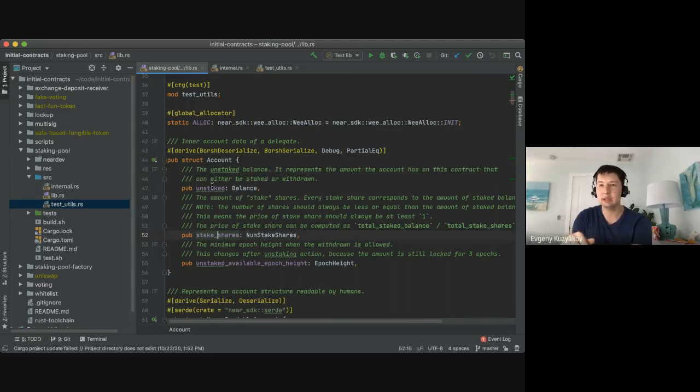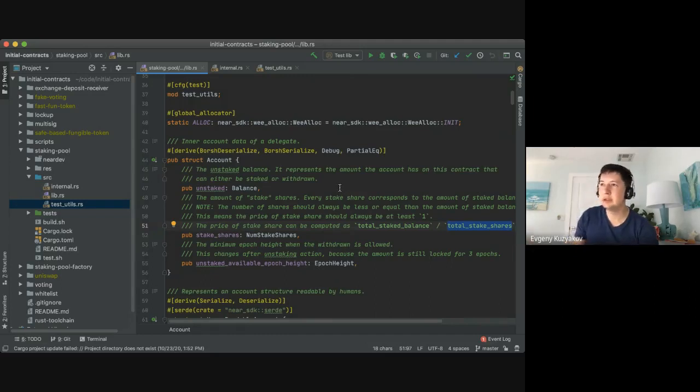So you sell at the current price, and you decrease the total amount of stake as well as the total amount of shares. When you purchase, you increase the total stake balance and the total stake shares while keeping the price constant. So when you stake or unstake, you don't change the price. When you receive a reward, you increase the price. So the price can only go up.